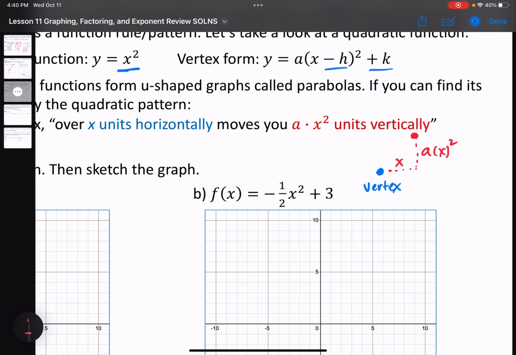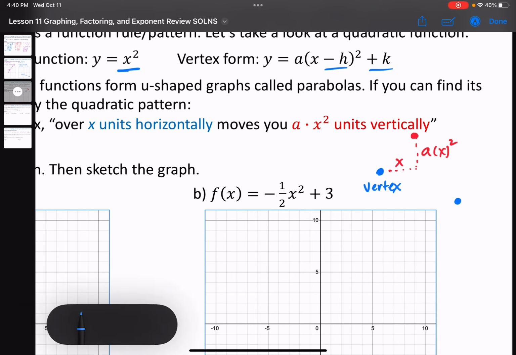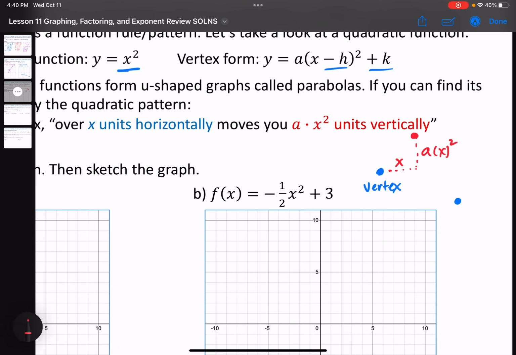For example, let's say we have a vertex at this point, and this function was f of x is equal to 2x squared.